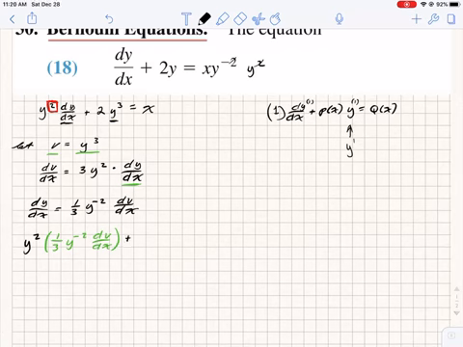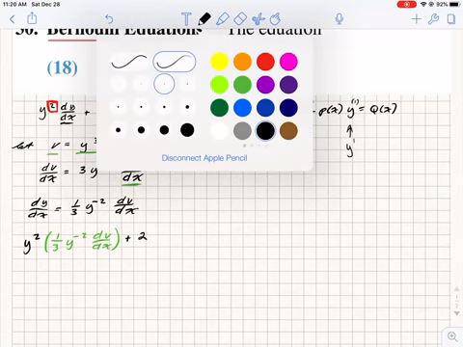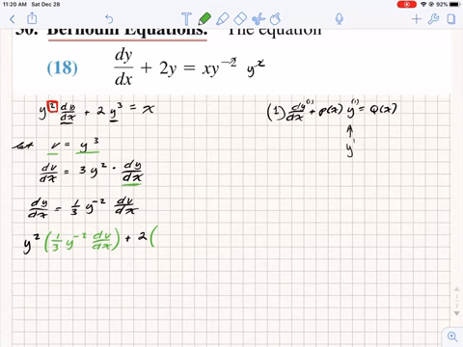We're going to add 2 times v. And then we're going to equal x.